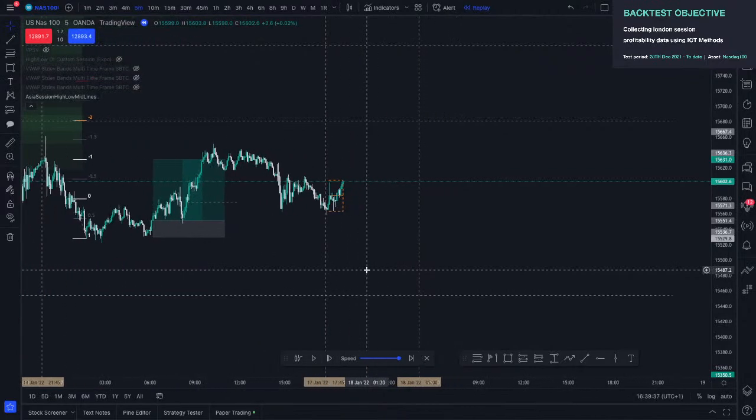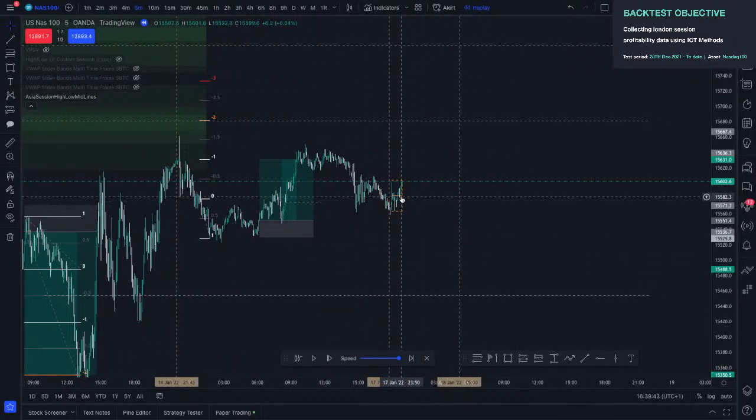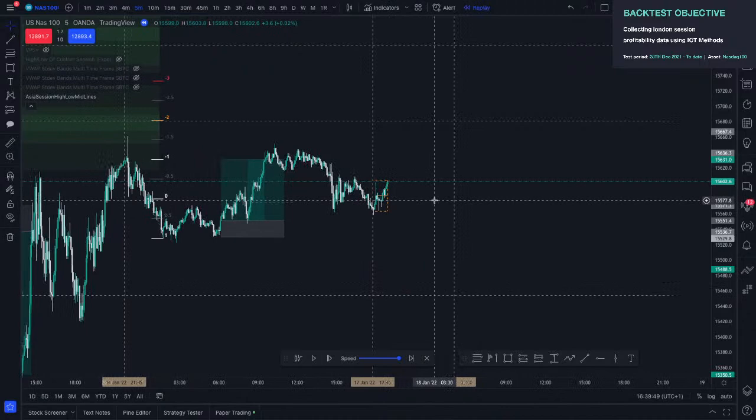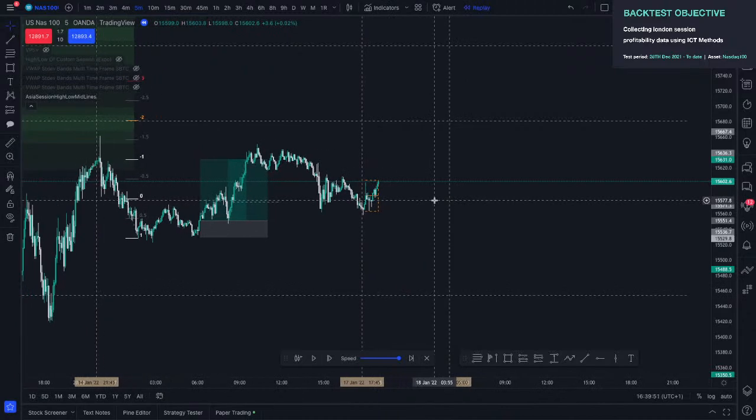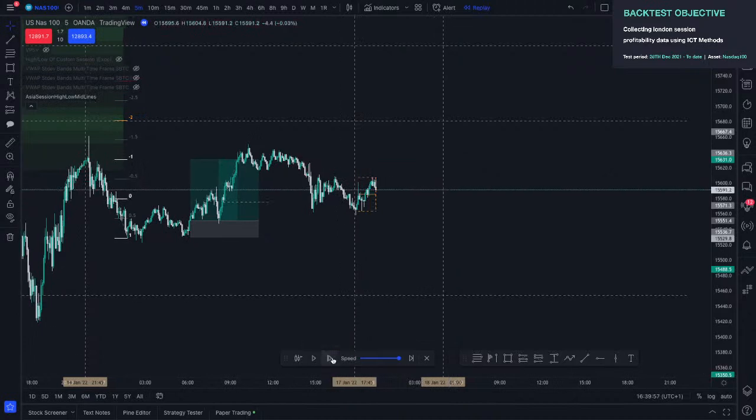But because we're trading the Judas swing, my hypothesis can go both ways. If we go down, I expect a move to the upside. If we go up, I expect a move to the downside. There's something important that ICT said. It's not going to happen every single day, so this might be the day where I take a loss.